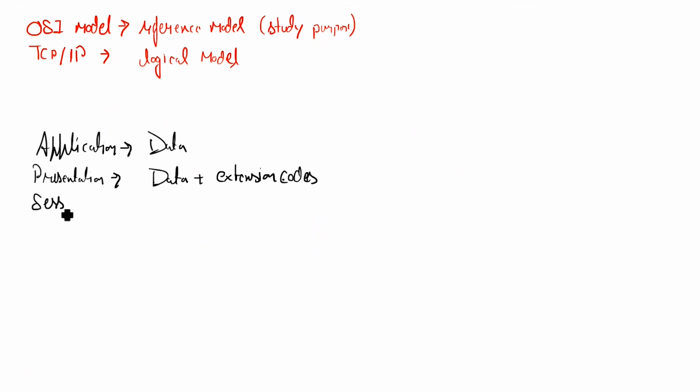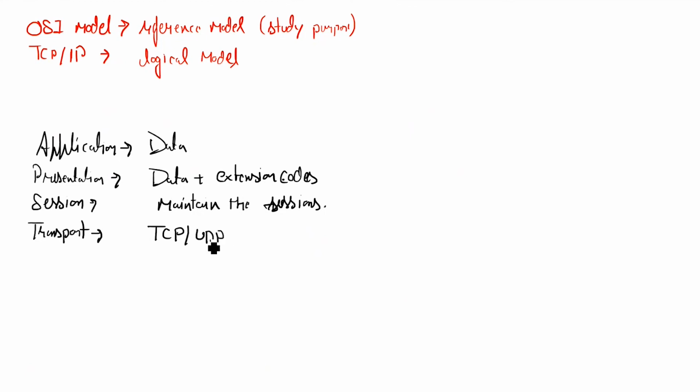Then we have the session layer, which is going to maintain the sessions. Then we have the transport layer, where we have two protocols, TCP and UDP, for identification of the data, what kind of data you are sending, like text data or an audio video signal, plus the upper data which is coming from the application and presentation layers.